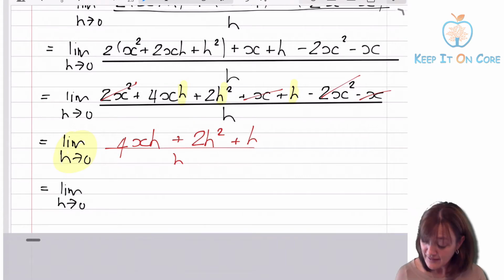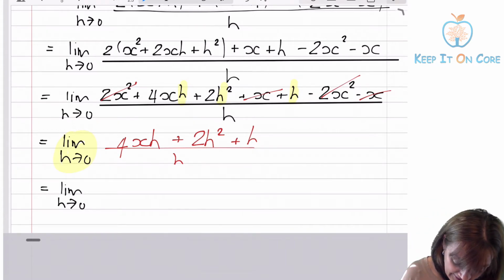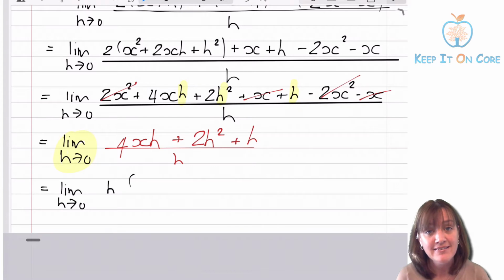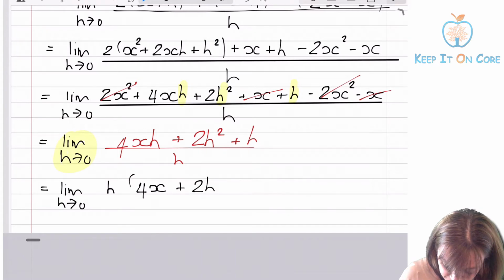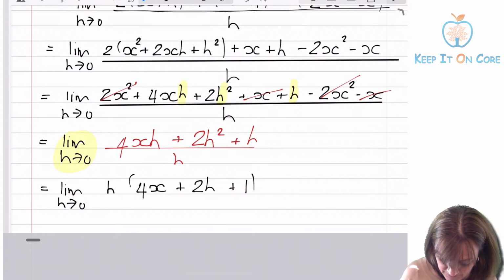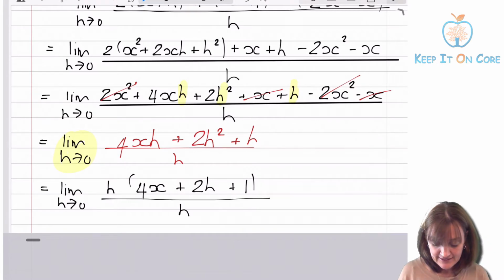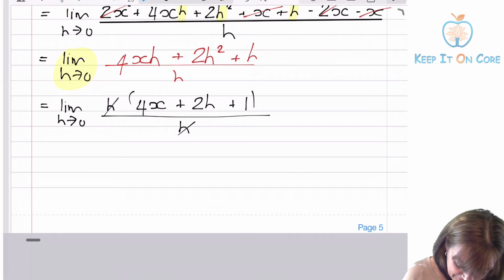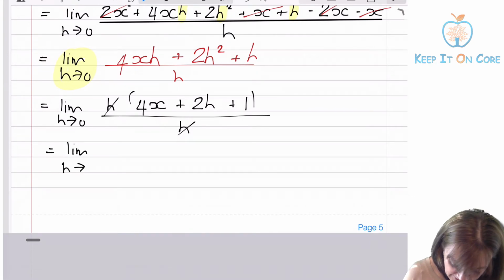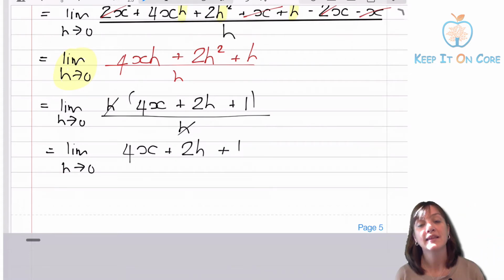The best way to do that is, do you see that we've got an h, which is a highest common factor in your numerator? So if I take out h as a highest common factor, we are then left with an h that will cancel with an h, leaving us with, I'm still writing my limit, h tending towards 0, 4x plus 2h plus 1.